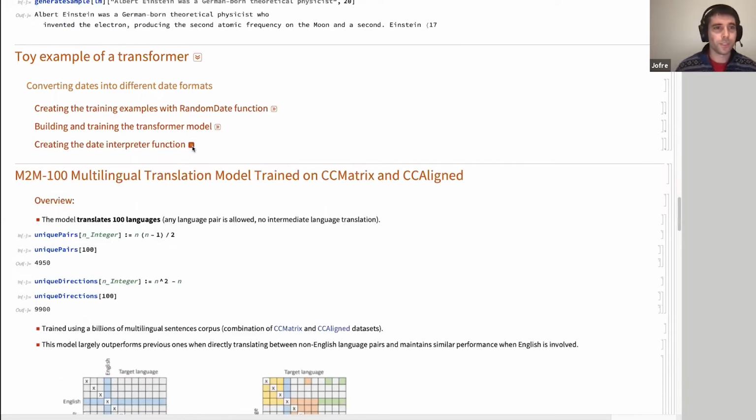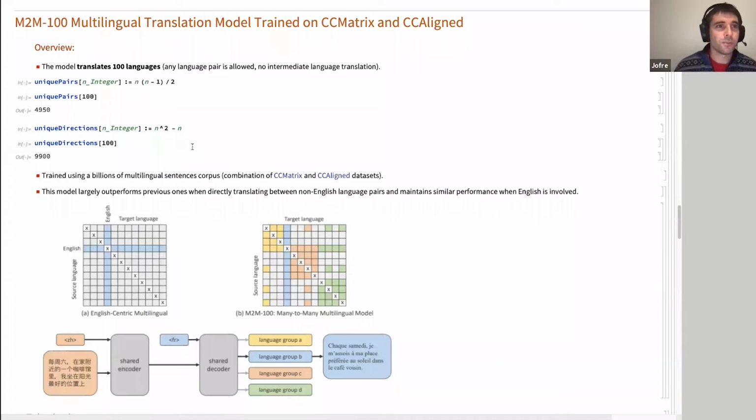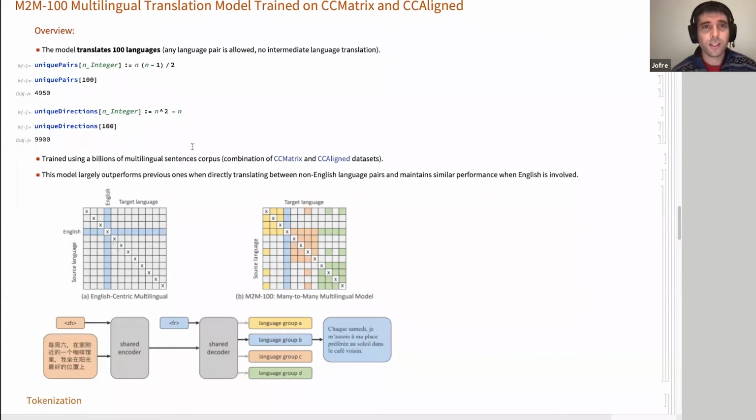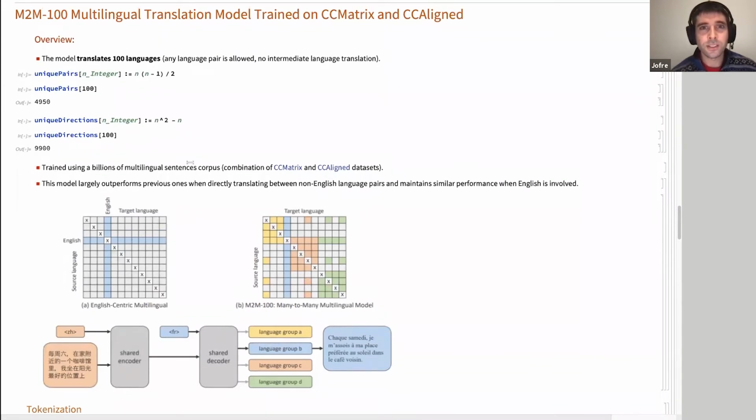But since we came here to focus on multilingual translation, Facebook late last year introduced a multilingual translation model called M2M-100, which was trained mainly on two large datasets called CCMatrix and CCAligned, which are a large corpus of text from the web, from all kinds of websites, including Wikipedia.